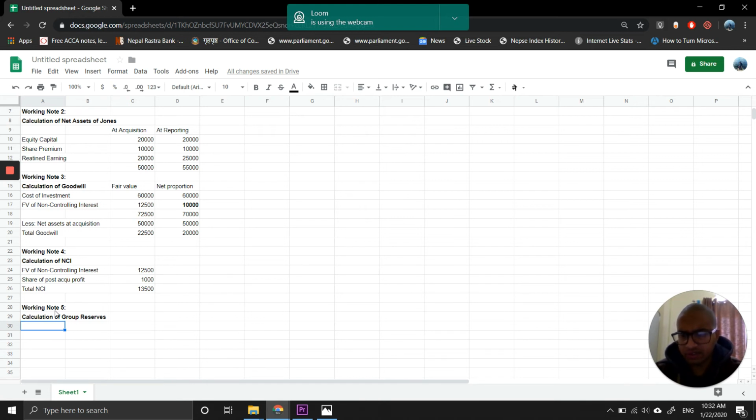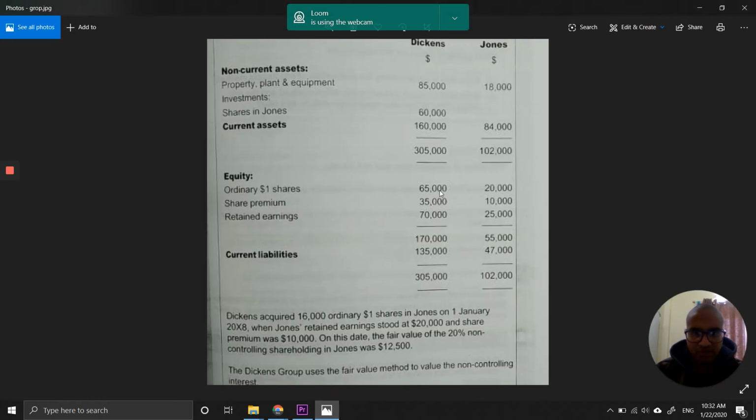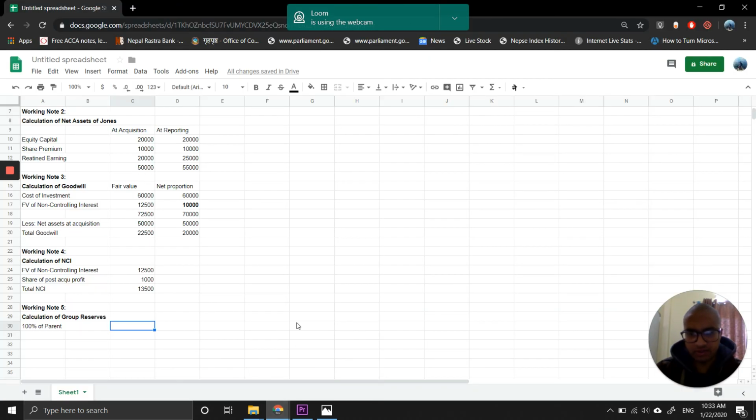In this case, what you would do is 100% of parent, right? You don't have to divide the 100% of group shares. So 100% of parent's retained earnings, which is 70,000.